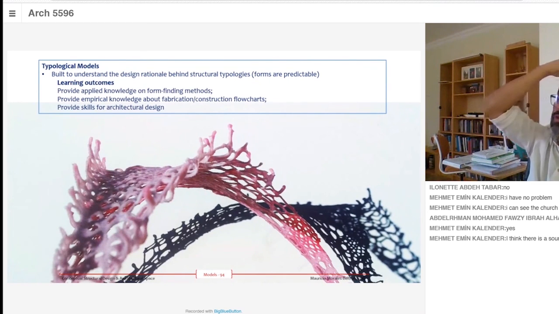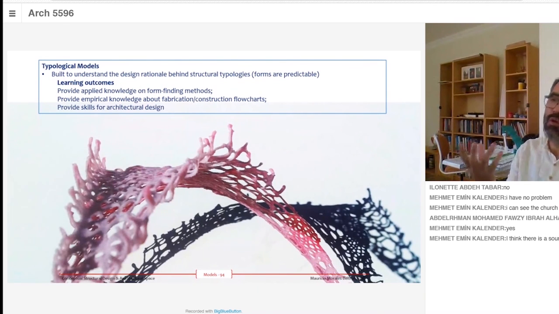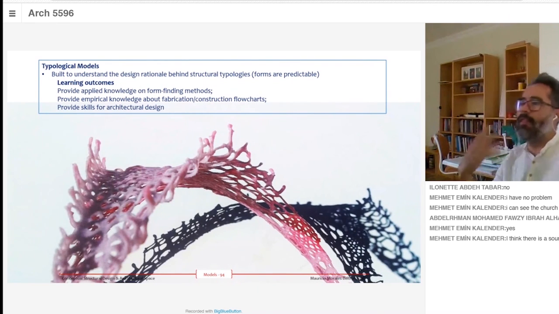And we use these models to provide knowledge about form-finding methods, to understand or test possible fabrication or construction, like what are you going to do first, and so on and so forth. It also provides skills for architectural design, as I said before, because you realize things that can later become part of the architecture.